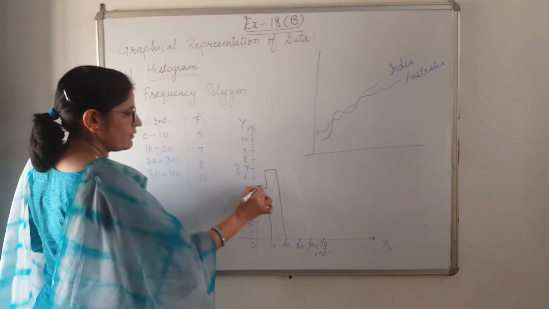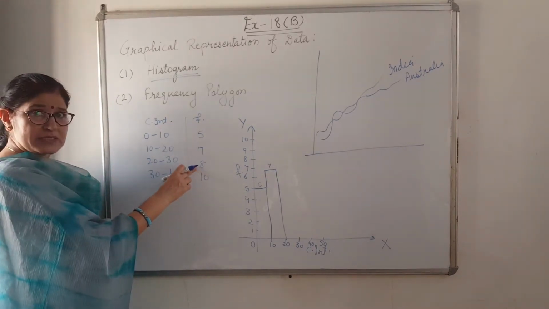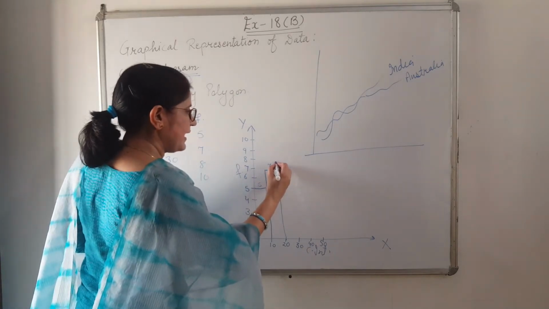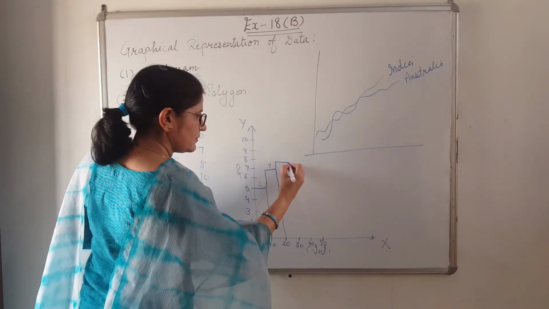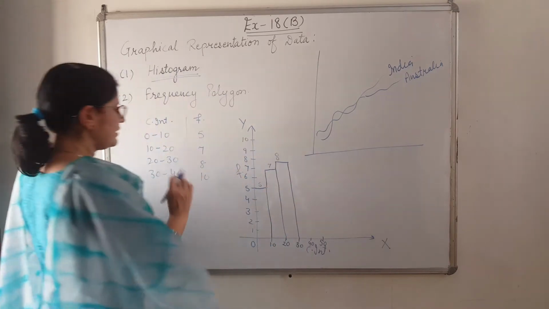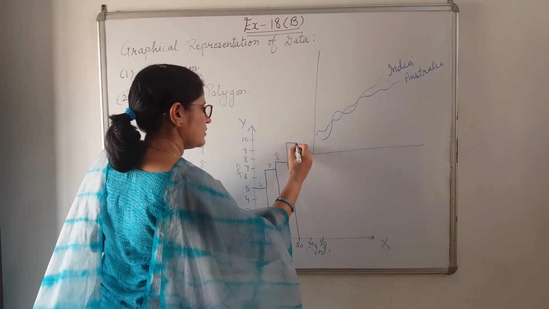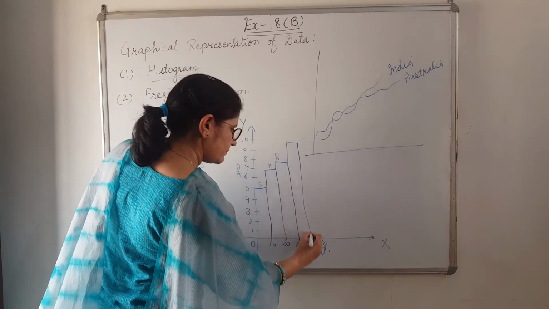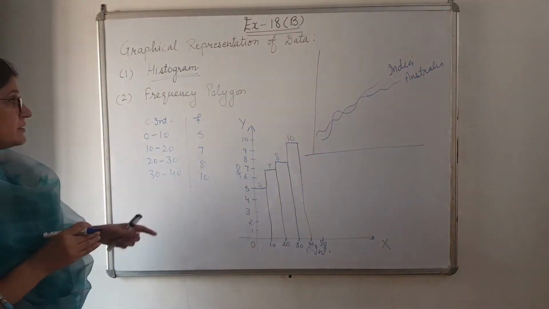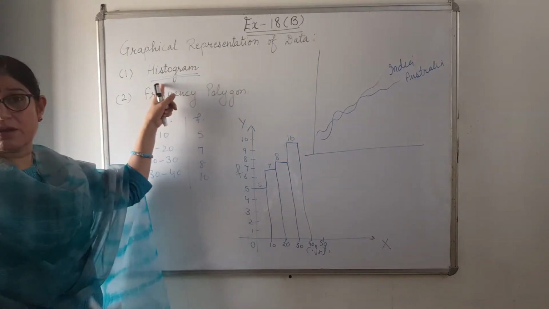The next class interval has frequency 8, so this line will increase till 8. The next one is 10. So representing the numerical data in rectangular form is known as a histogram.